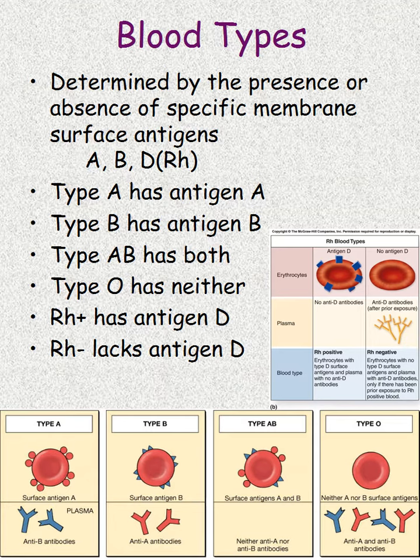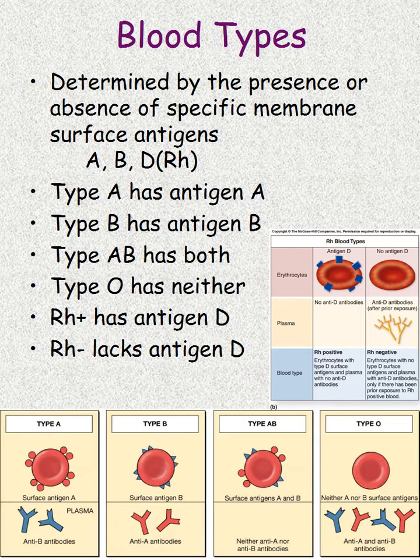Blood with erythrocytes having surface antigen A is called type A blood. Blood with erythrocytes having surface antigen B is called type B blood. Blood with erythrocytes having surface antigens A and B is called AB blood type. And blood with erythrocytes having neither antigen A nor antigen B is called type O blood.